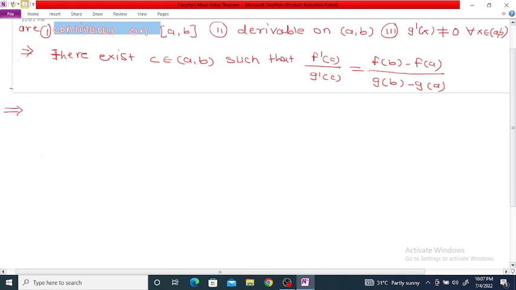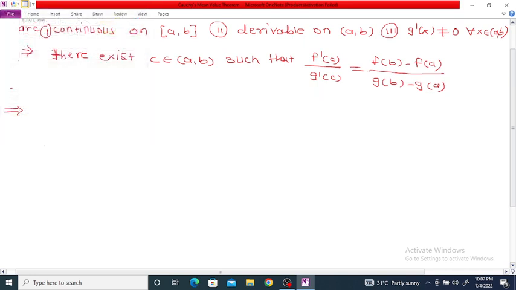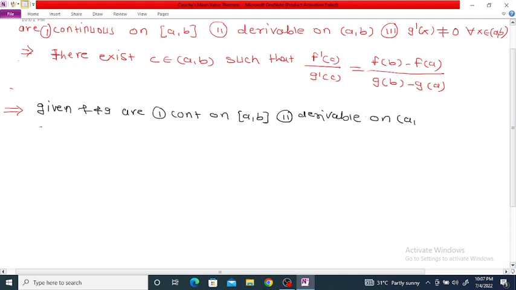So the given part is: f and g are first continuous on the closed interval [a, b]. Number two, derivable on the open interval (a, b).